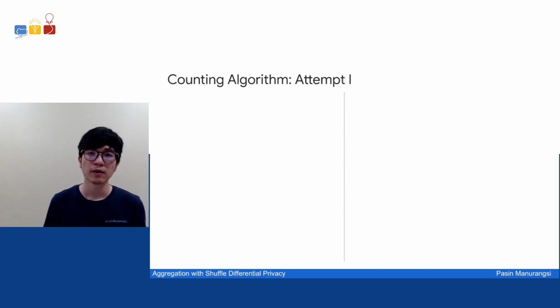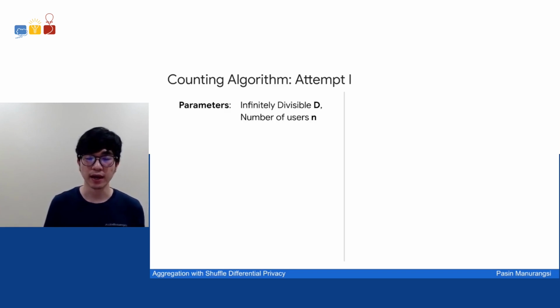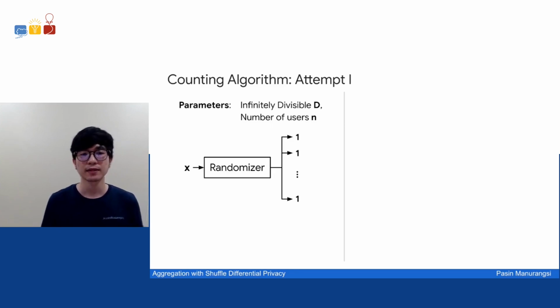Okay, so what would you do as a first attempt if you want to design a counting algorithm that sends few bits, with each message being small as well? So here is one possible attempt. Suppose you have your infinitely divisible noise D that you want to add. Then each user can do the following.